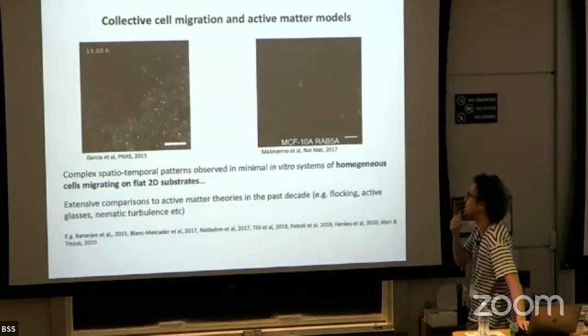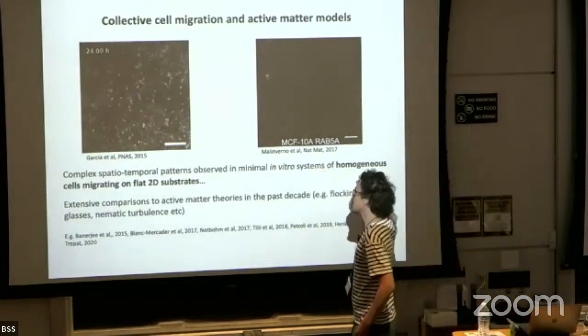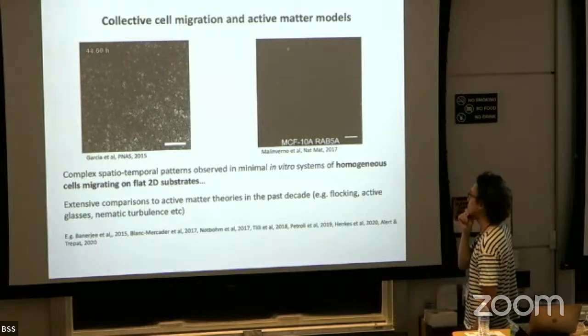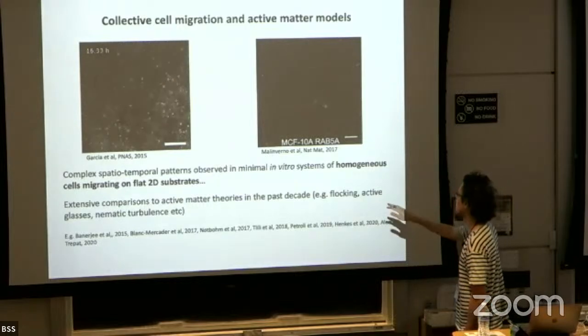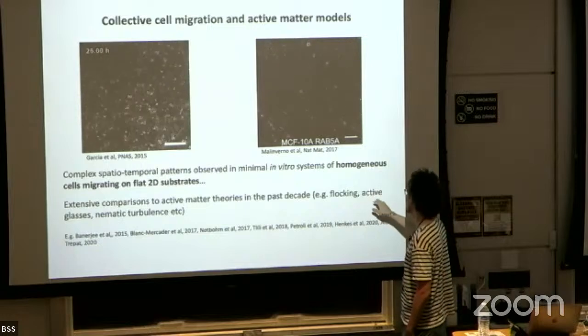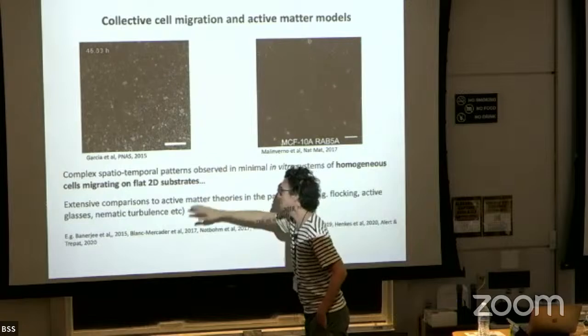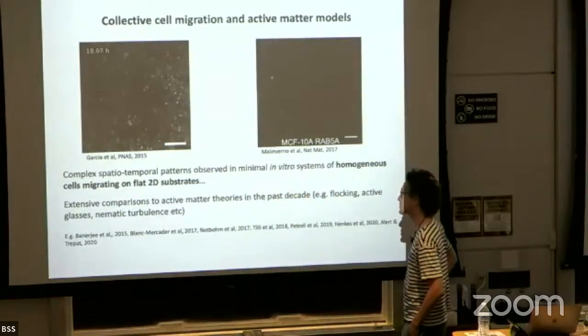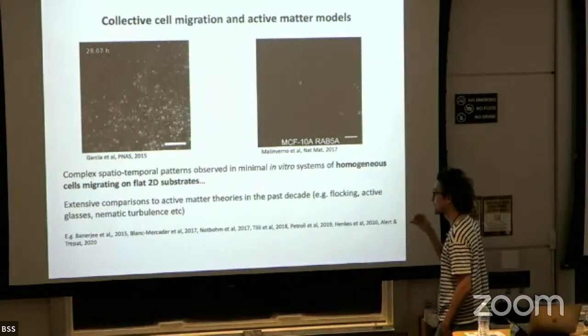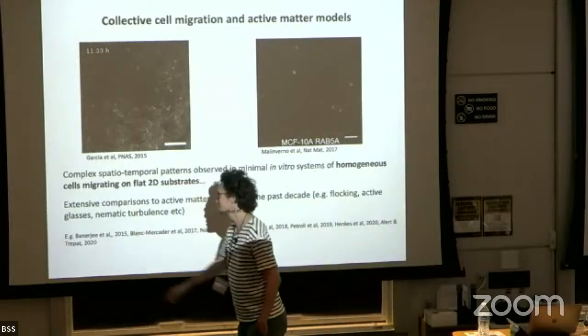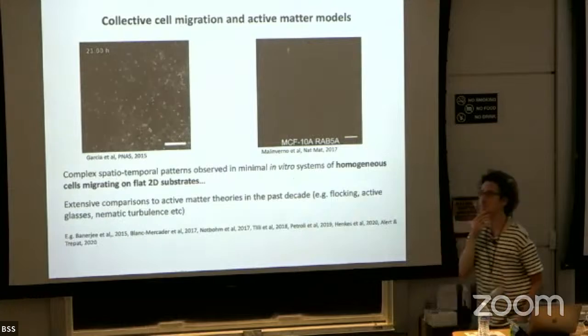And so when discussing these things, there's been a lot of theory done on that. So one is flocking. The other one, which I will briefly mention, is seeing this, for instance, as an active glass. There's the question of nematic turbulence, and this has been looked at by quite a few people, actually. One of the first is in the audience.